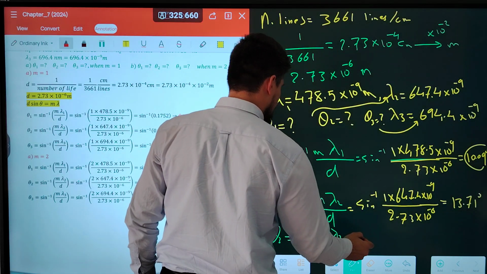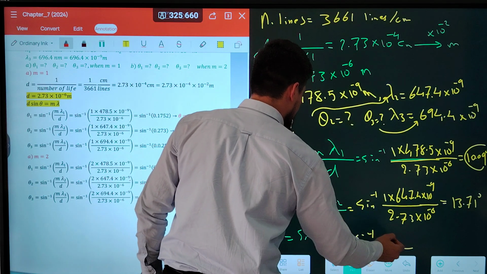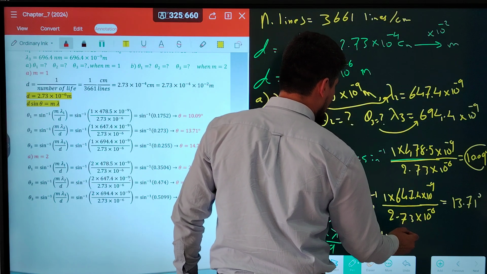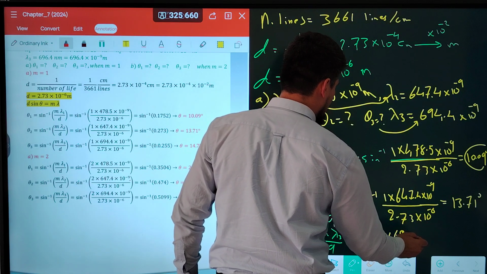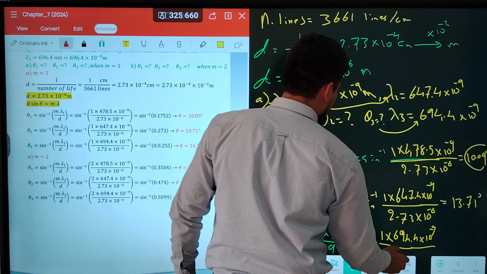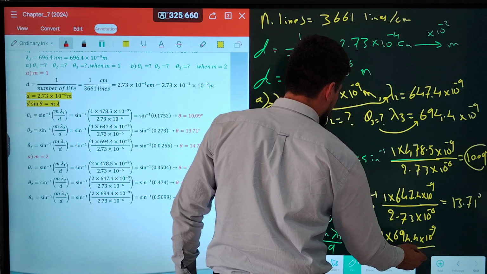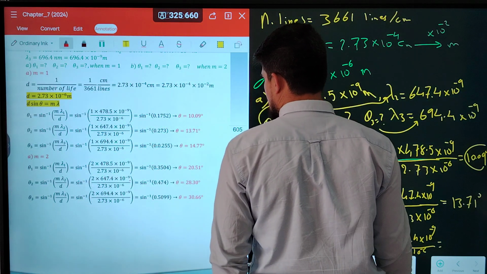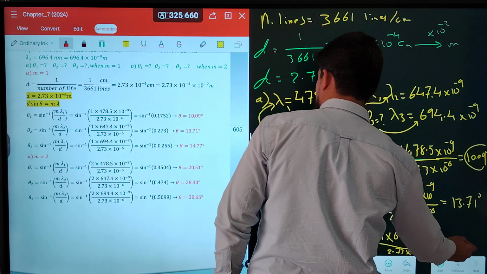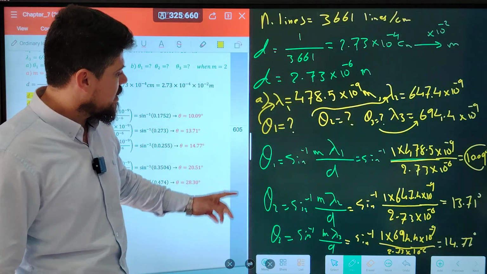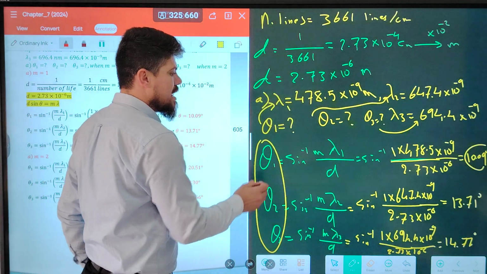For the third, m is still 1 and lambda 3 gets larger: 694.4 times 10 to the power negative 9 over 2.73 times 10 to the power negative 6. Theta 3 is equal to 14.77 degrees.